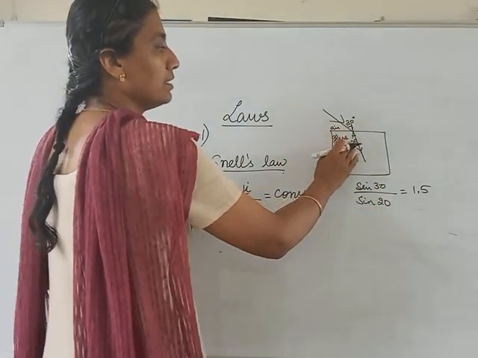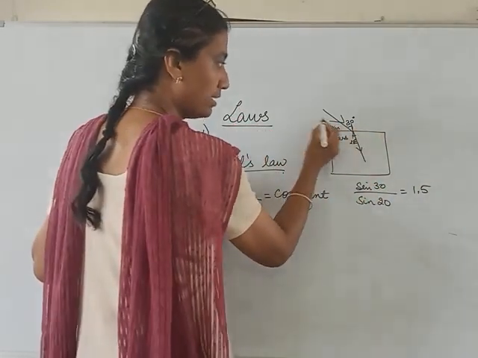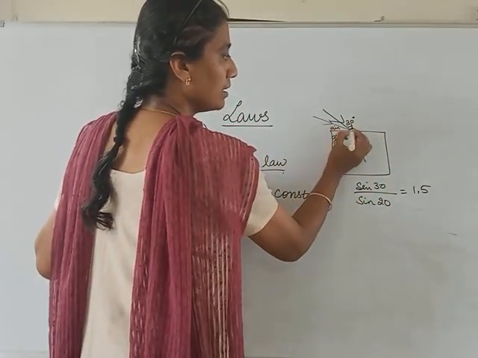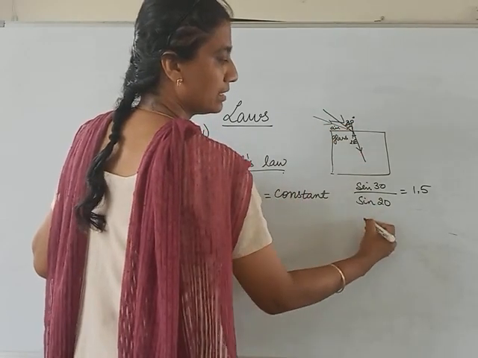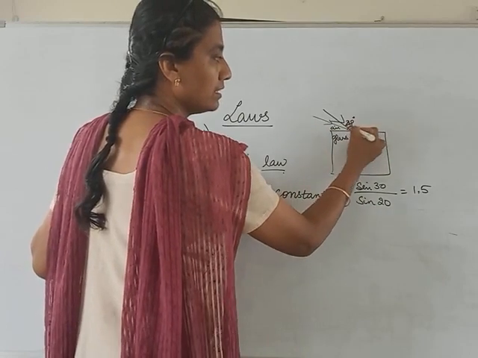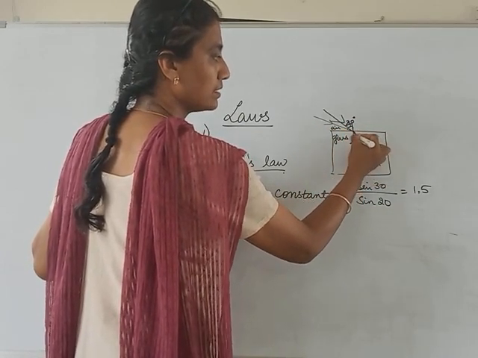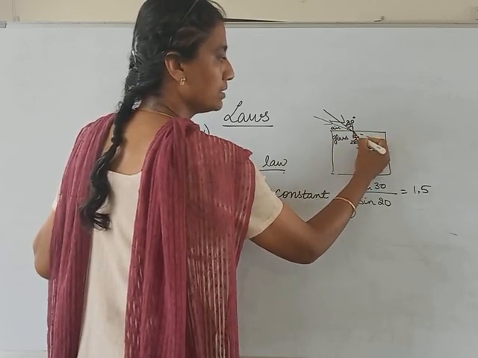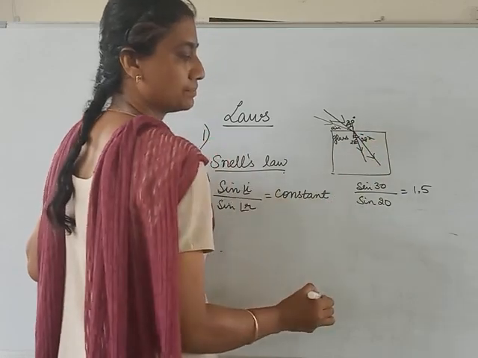Okay. Now, I'm taking another incident ray, the same medium, the same thing, but I'm taking a ray at say 45 degree. Now this was the original path, but it went like this, and say this was 38 degree or something. Okay.